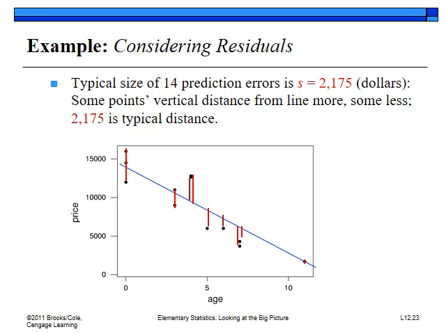The residuals are indicated with the vertical red lines. Notice that some have a vertical distance more than 2,175 and some less. Notice also that in the computation for S, the difference between the actual value and the predicted value gets squared. That means that the distance, whether the point is above or below, does not matter in this computation. When we talk about this error, we're thinking of it as positive, even if the point is above the line or below the line.